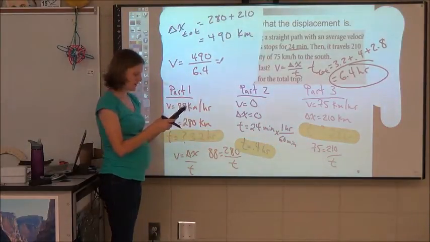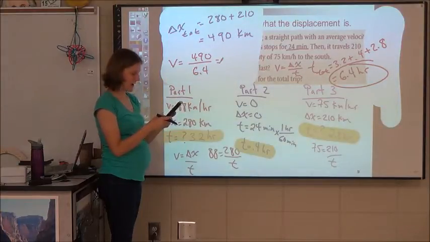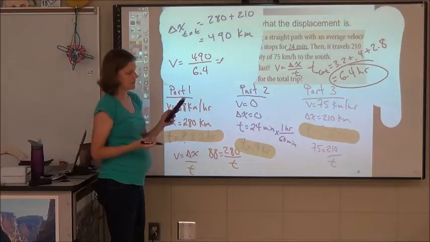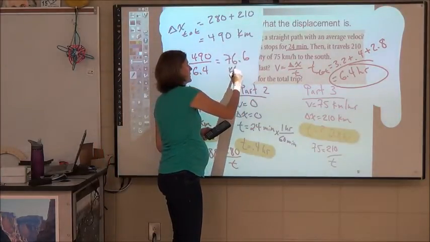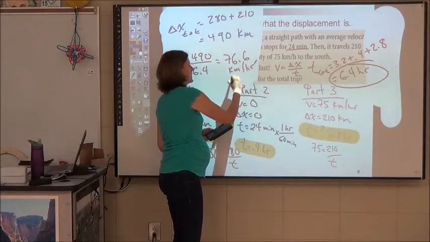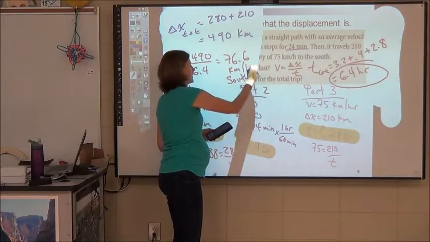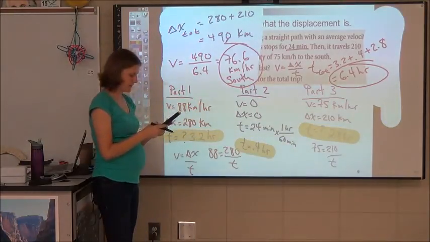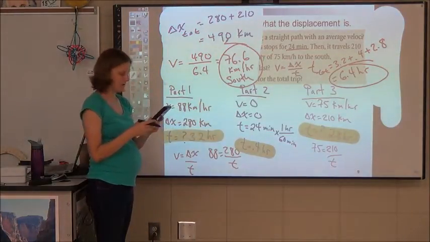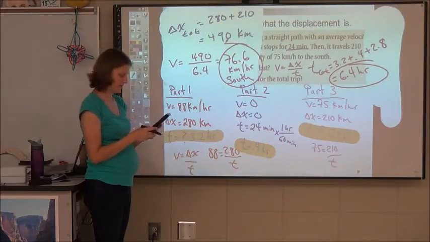Kind of lost my units along the way, but I am dealing with kilometers per hour. 76.6 kilometers per hour south. Good vector answer.